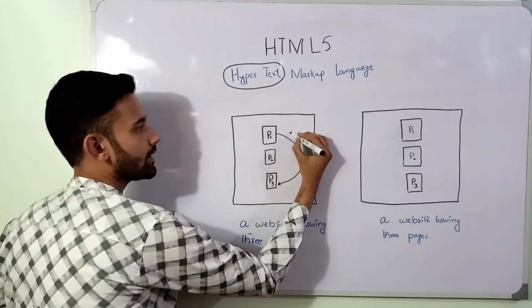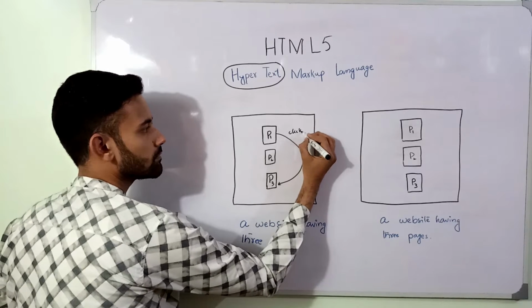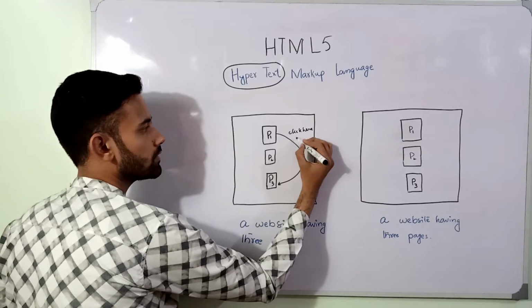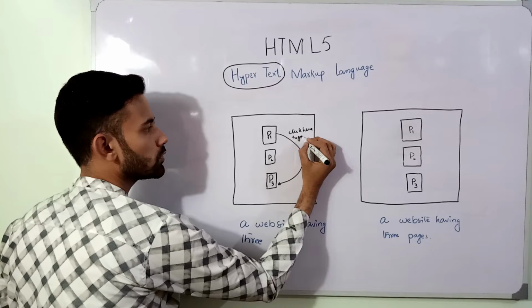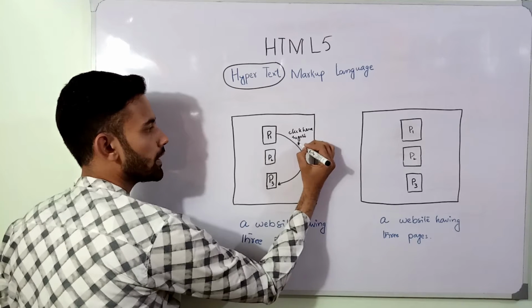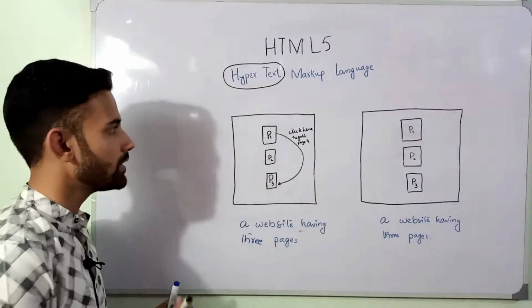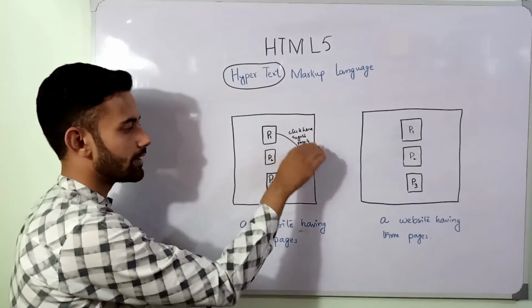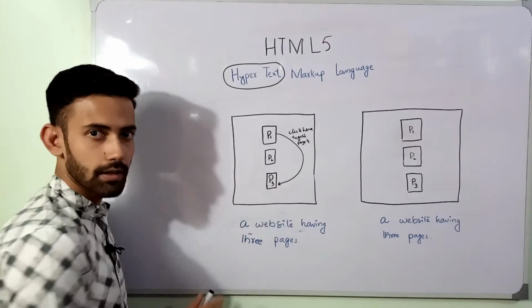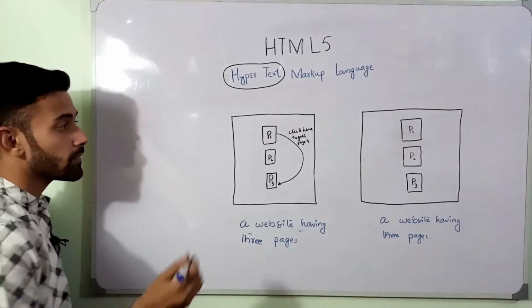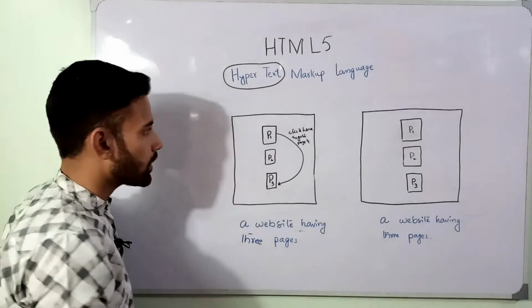Like, click here to go to page 3. Like this is a link, and once I click on this link, it will take me to page number 3.